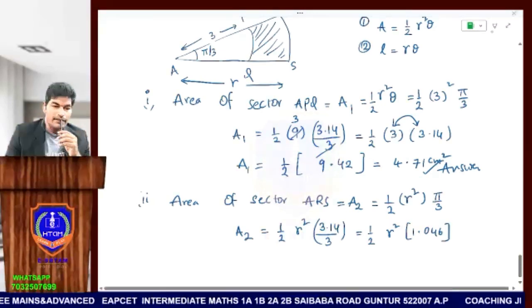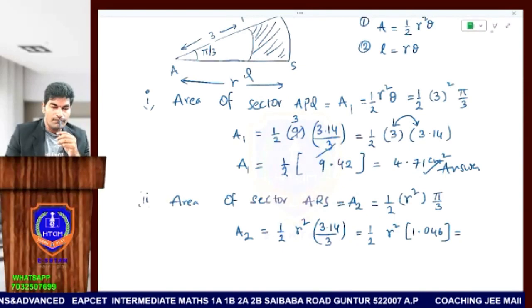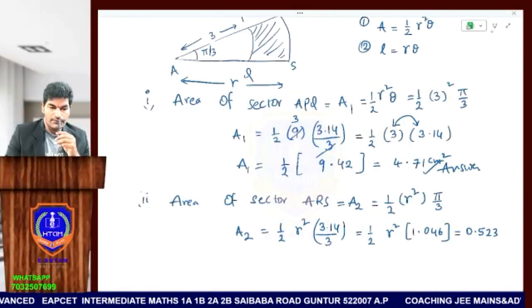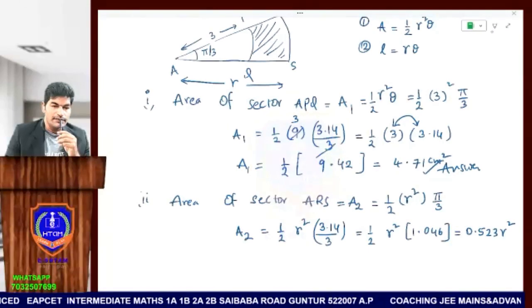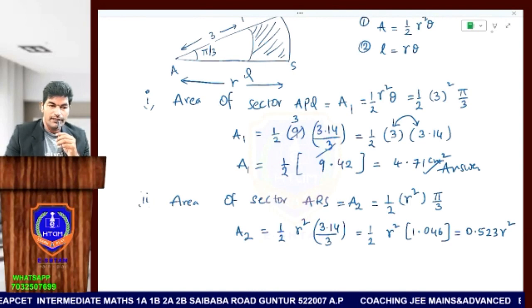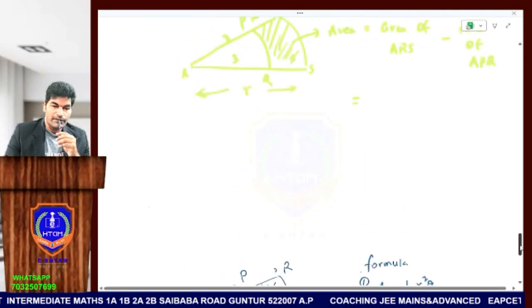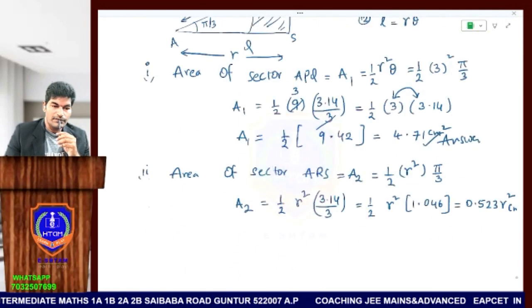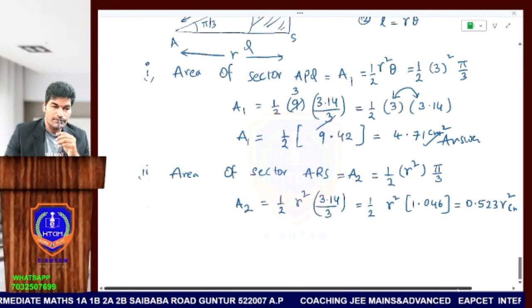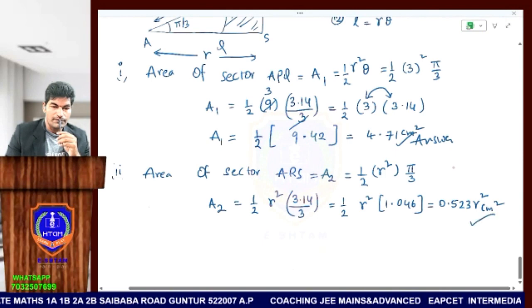Yes, use the calculator. And again, divide this value by 2. Then how much? 0.523 R square. So this is A2. We got A1 and A2. And write down the measurement, centimeter square. So this is the answer of the second question.